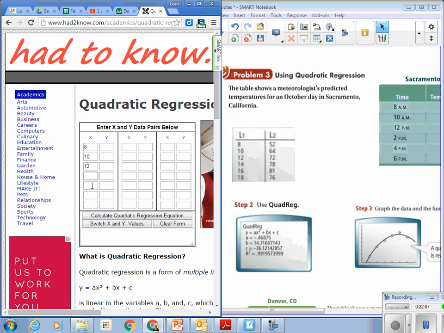2, 4, but after 12, we don't put 2. We put the number of hours after midnight it is, so we go all military time. So I don't put 2 p.m., but I put 1400 hours. At 4, I don't put 4, I put whatever 12 plus 4 is, that's 16.